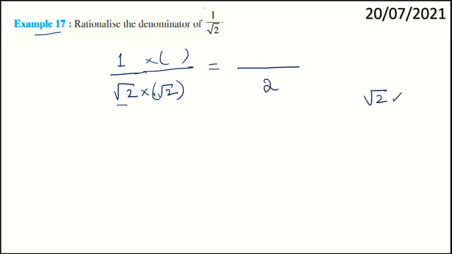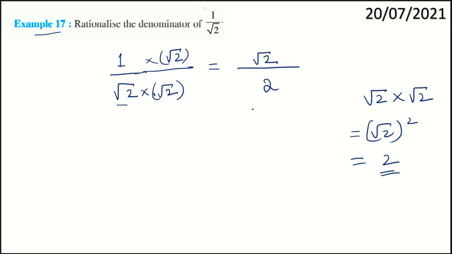Root 2 when multiplied by root 2 gives root 2 square, which gives you 2, a rational number. So that's why we multiply both the numerator and denominator by this root 2 and convert 1 by root 2 into root 2 upon 2. Here the rationalizing of the denominator root 2 is done.